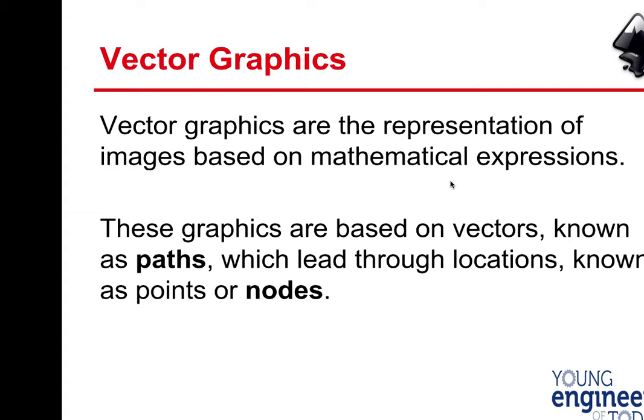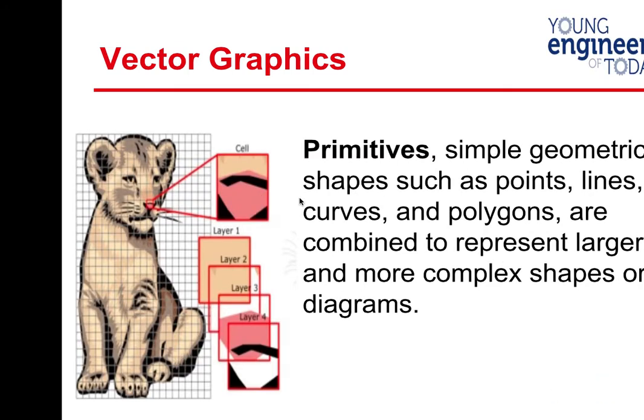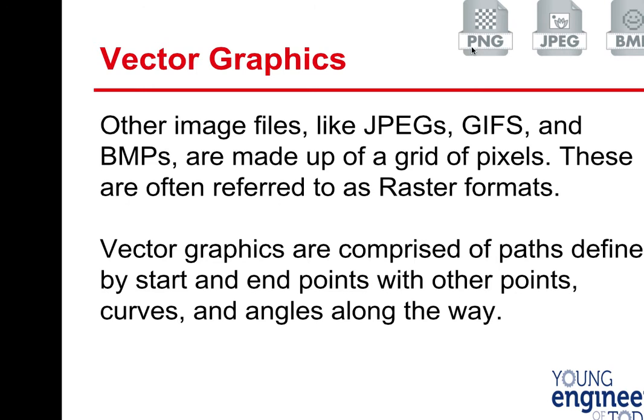Basically, it's an image that instead of being comprised of tiny dots put together, is comprised of dots laid out by a mathematical expression. Traditional computer image files are called raster, like a JPEG, GIF, or bitmap.